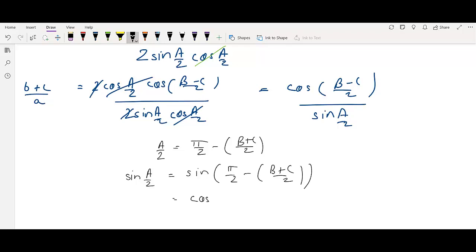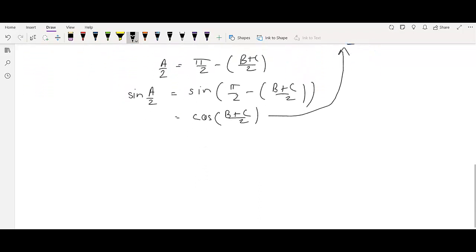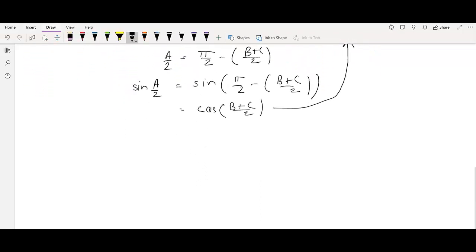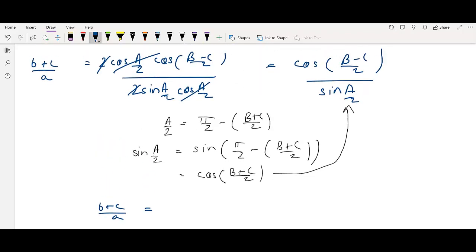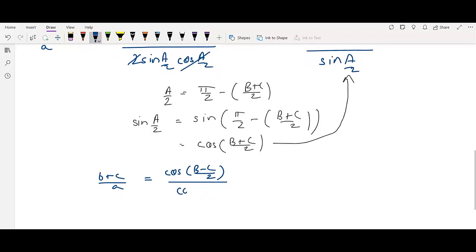So sine of (pi by 2 minus (b plus c) by 2) will be cos of (b plus c) by 2. Now I can substitute this right here. I have (b plus c) upon a equals cos of (b minus c) by 2 upon cos of (b plus c) by 2.